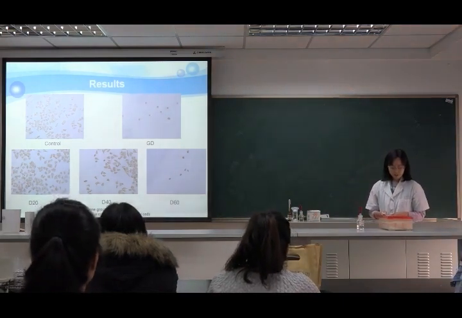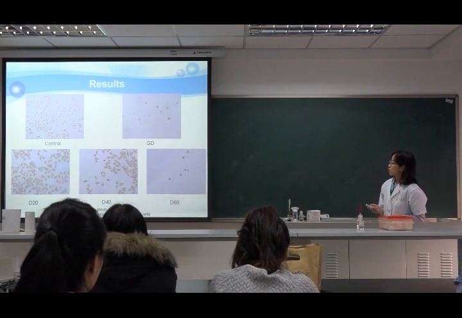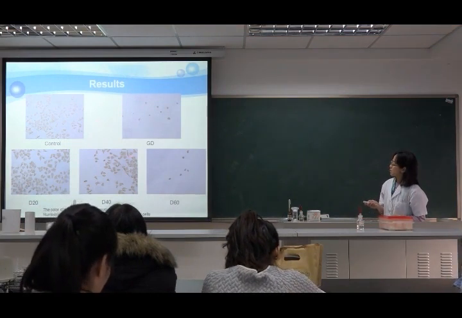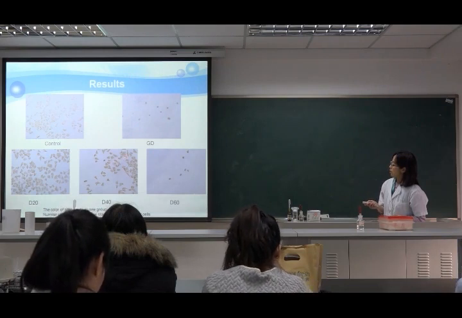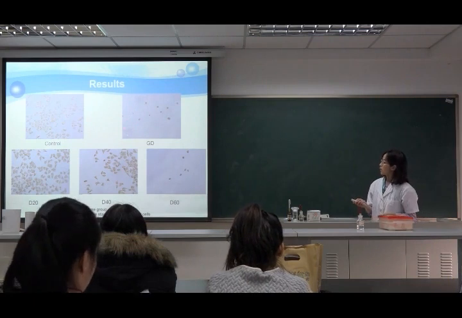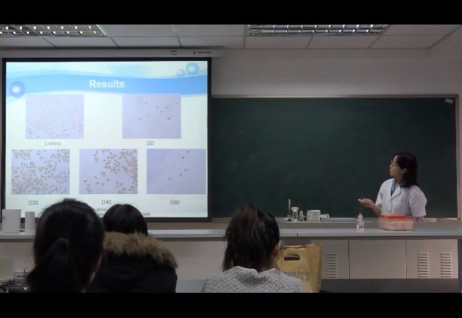I told you, you can observe the color of all the cells and count the very darker cells in one group. And we can compare the glucose deprivation group to the control group.